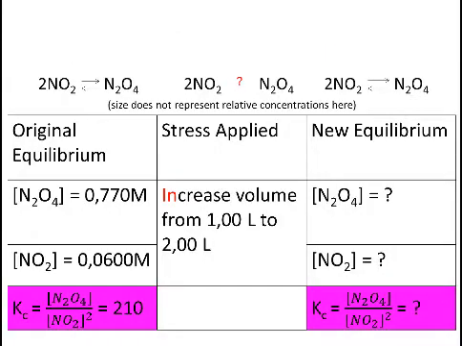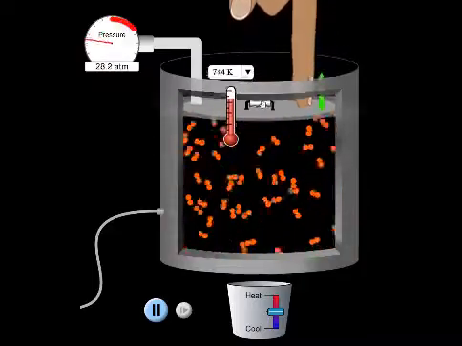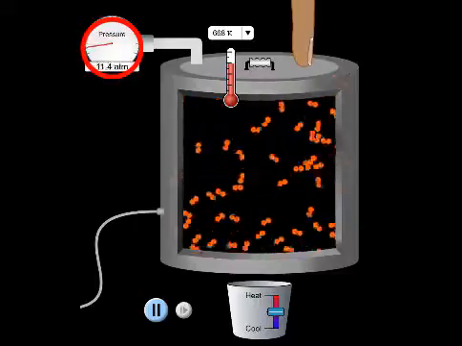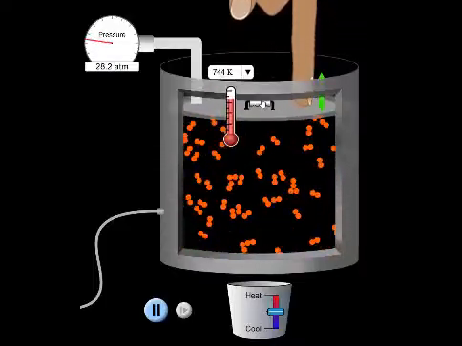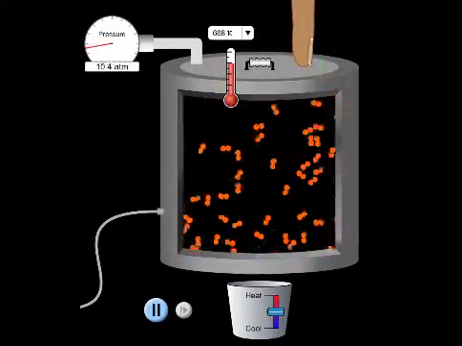So what do you predict would have happened if instead we had increased the volume and therefore decreased the pressure? Again, the system would have responded to the stress in a manner which tends to counteract the stress. A decrease in pressure would reduce molecule crowding.